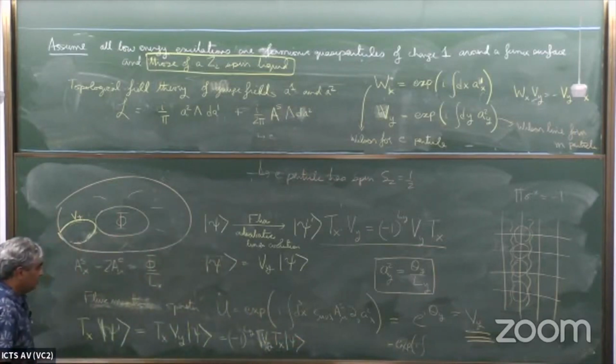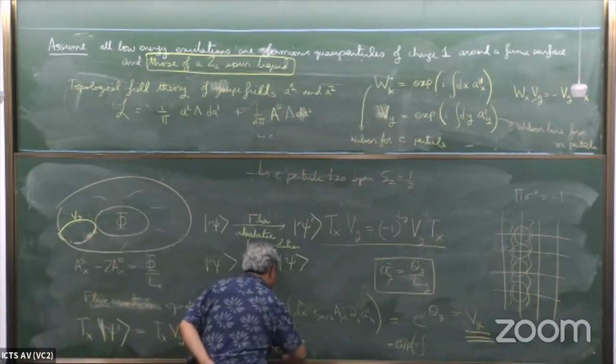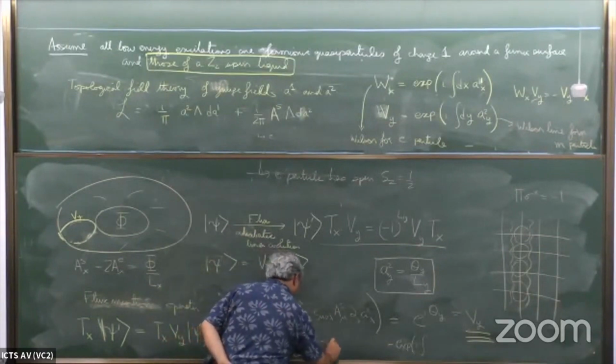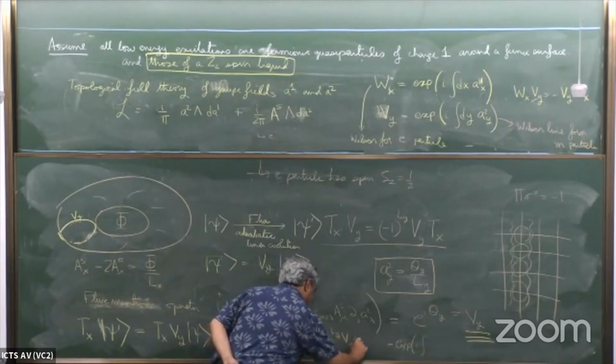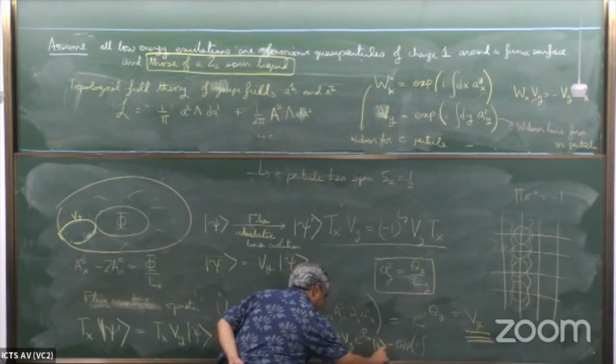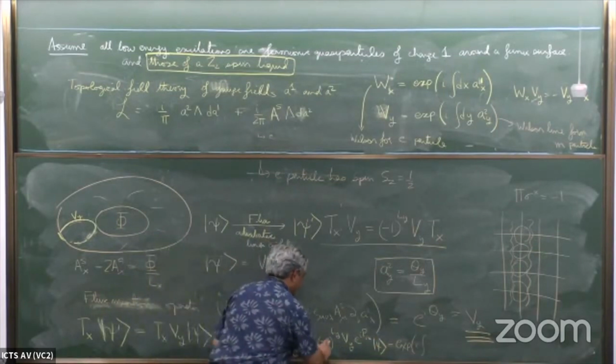But Tx acting on psi, we know this is a state of definite momentum. So this is equal to (-1) to the Ly times Vy times e to the i initial Px acting on psi.